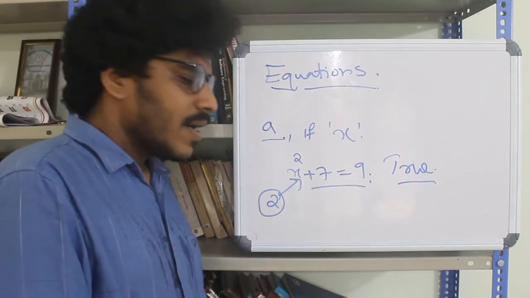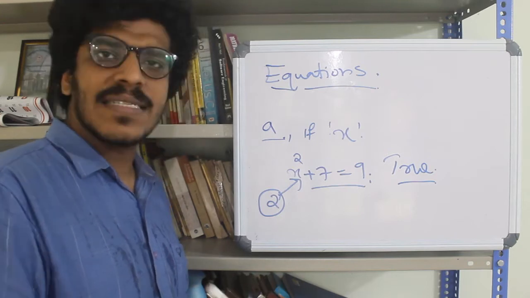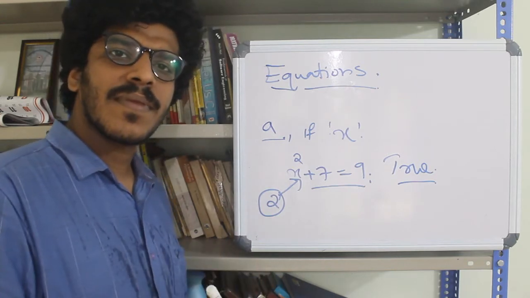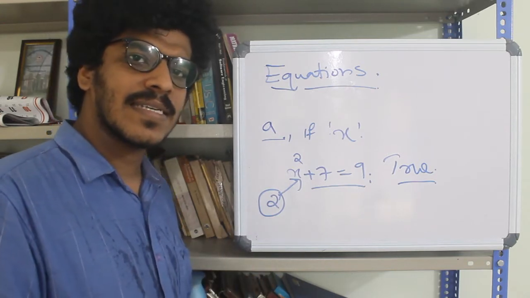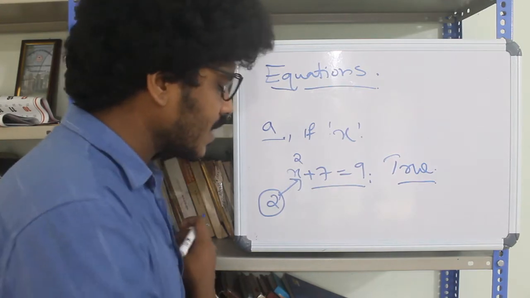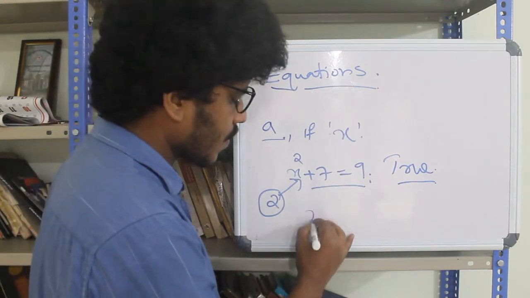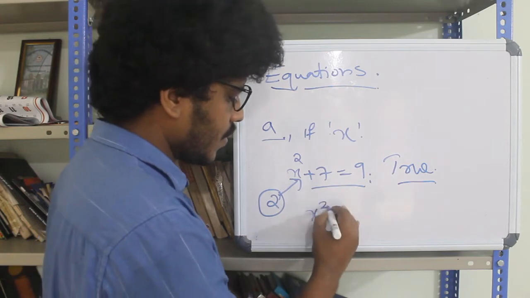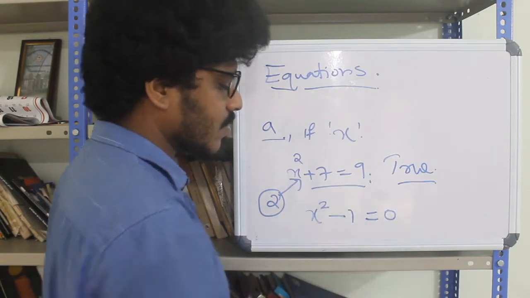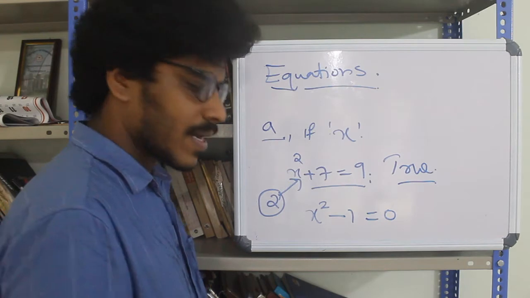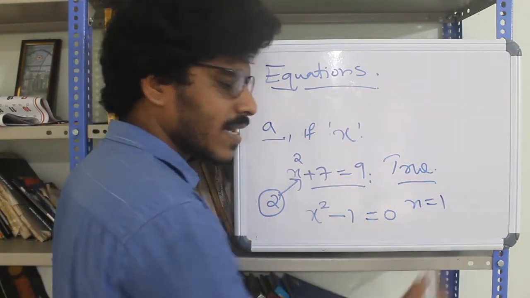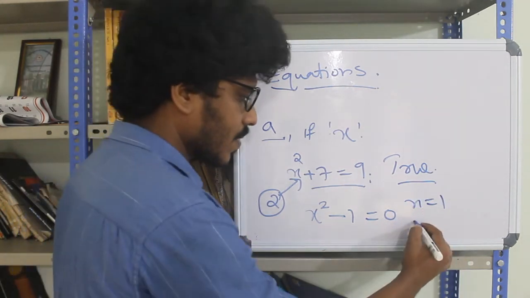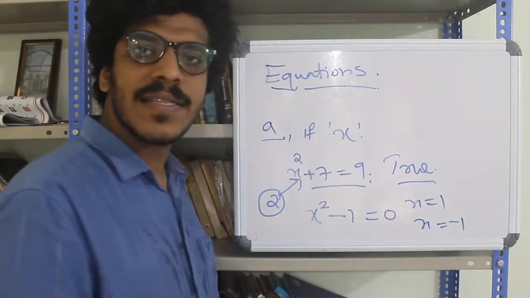Is it necessary that an equation has a single solution? Consider the equation x square minus 1 equal to 0. x equal to 1 is a solution. x equal to minus 1 is another solution.